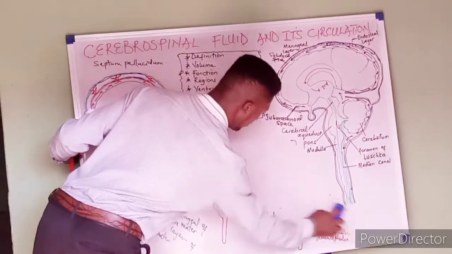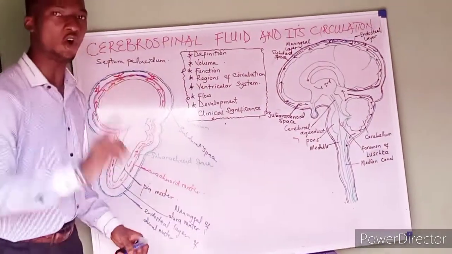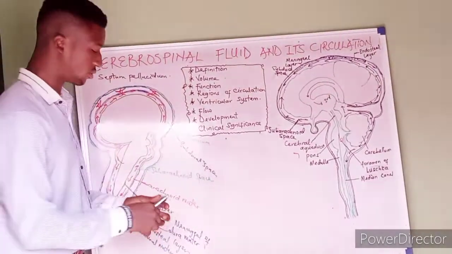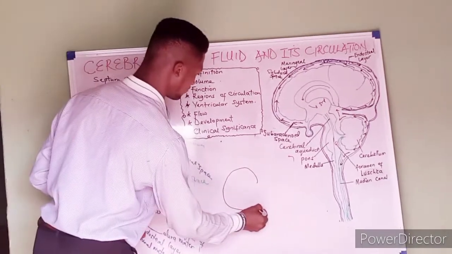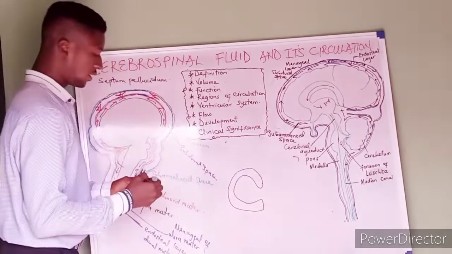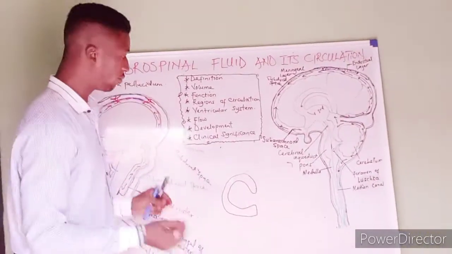Let's just take one of the ventricles. Don't forget that the choroid plexus is found in all of the ventricular system: first, second, third, and fourth. We take one of the ventricles to be like this. Now, let's take the part of the cerebrum.